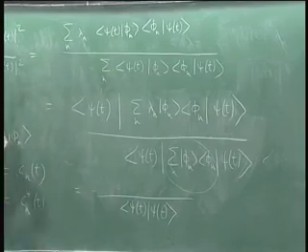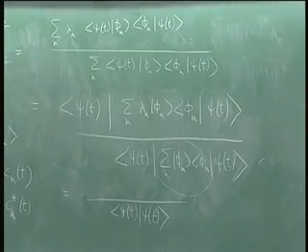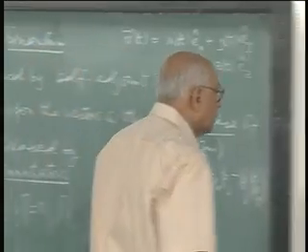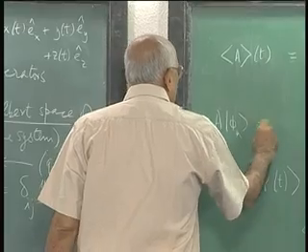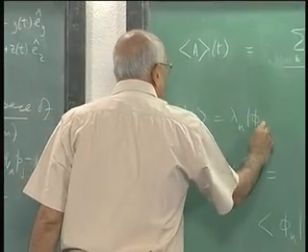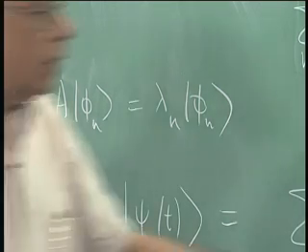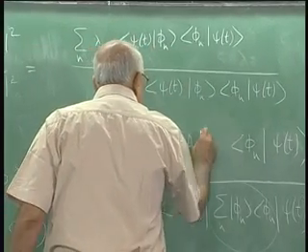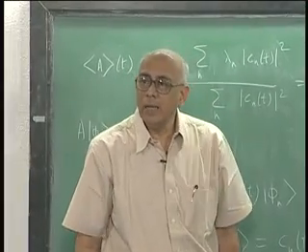But what do you do with the numerator? I can't take this out and call it the unit operator, because the lambda n's are sitting there, the weight factors are sitting there. But we also know that A acting on phi n equals lambda n phi n. So we use this relation in reverse, and this lambda n phi n, I write as A acting on phi n. But A is a linear operator.